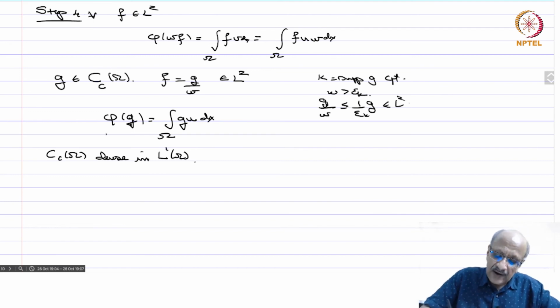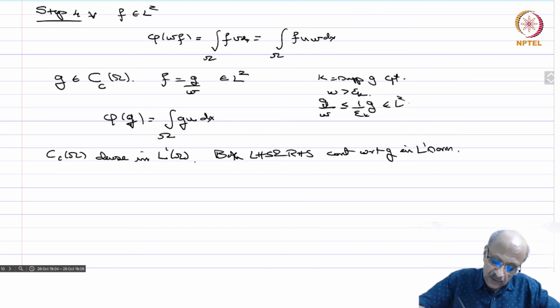and both the left hand side and right hand side are continuous with respect to g in L1 norm.